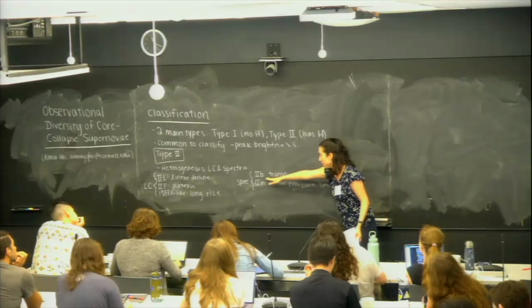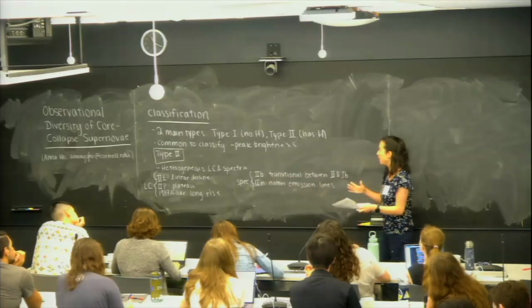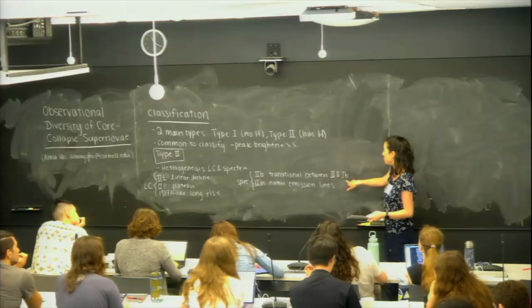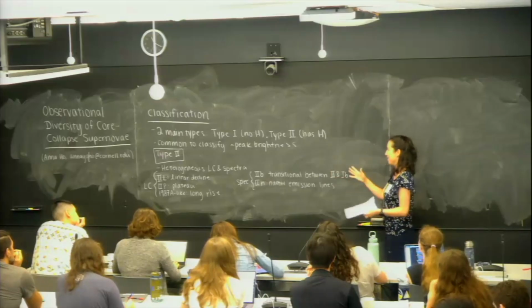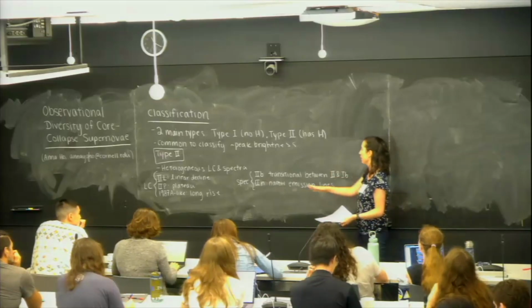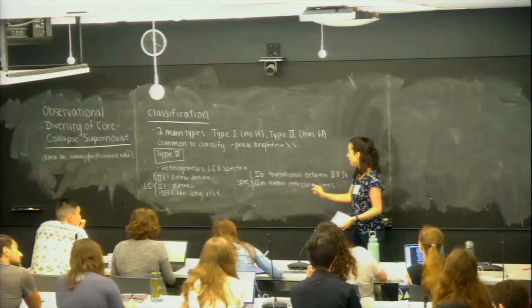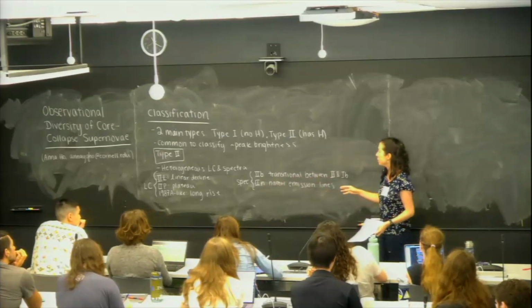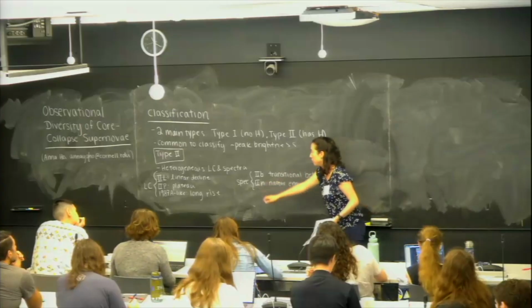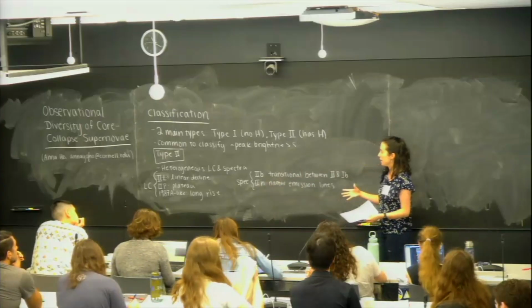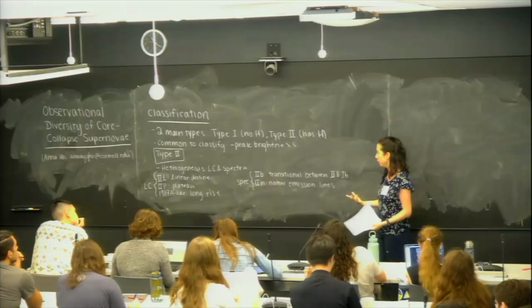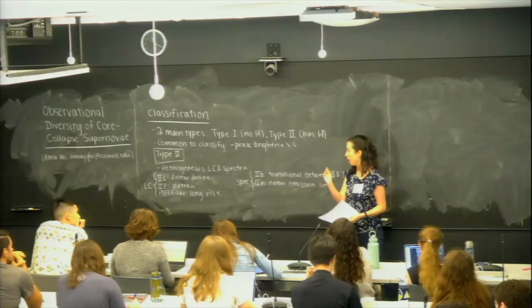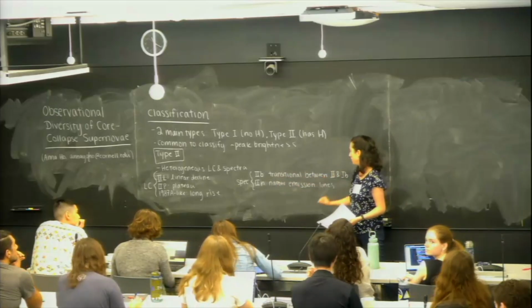So 2B means that you are a sort of transition object between a type 2, so hydrogen rich, and a 1B, which means hydrogen poor. So they're sort of weak hydrogen lines. And then 2N, the N stands for narrow. And it means that here you're seeing hydrogen because it's a type 2, but rather than be in absorption, as is typical for supernovae, the lines are actually in emission, and they're much more narrow than the typical absorption lines that you have.